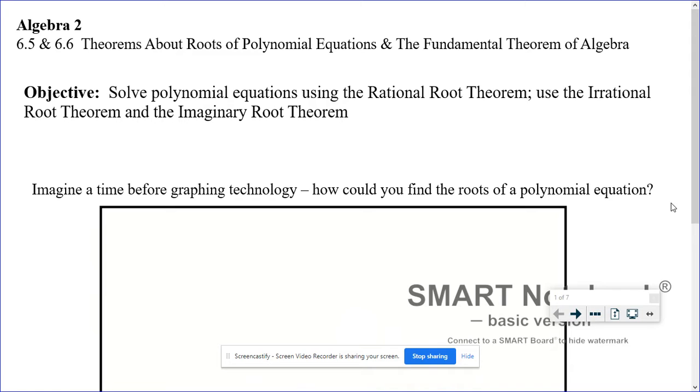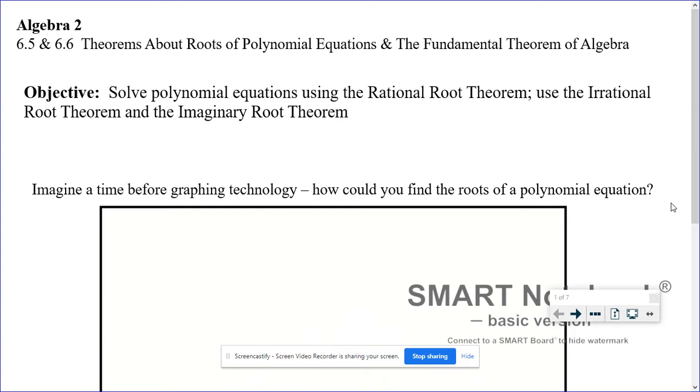That's the first thing we're going to do. Well, I guess the first thing we'll do is understand what the rational root theorem is, but it is going to be used for solving polynomial equations that can't be factored the way that we learned in previous lessons. And graphing only works so well.